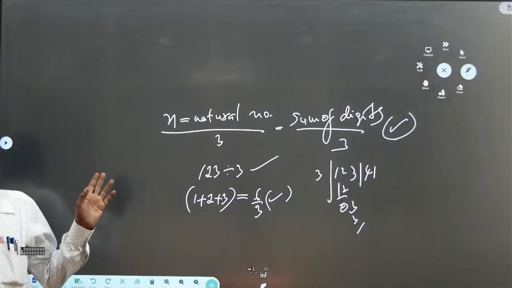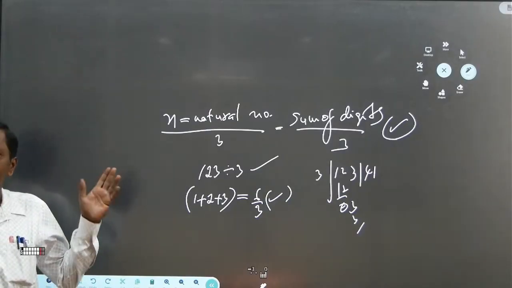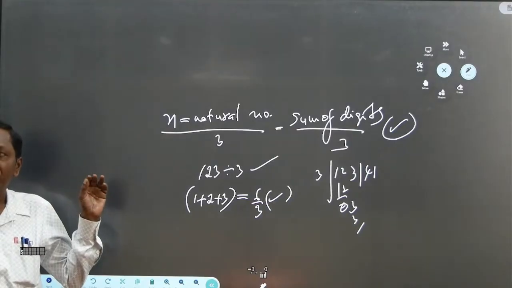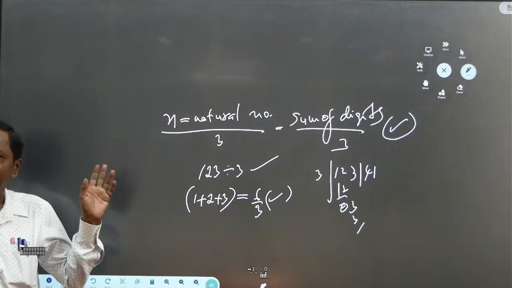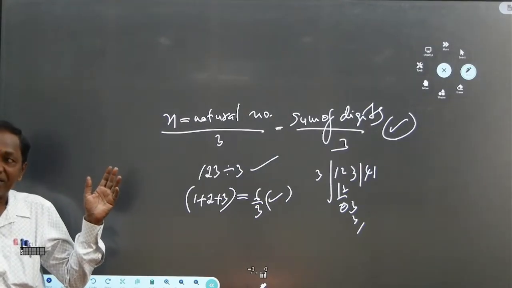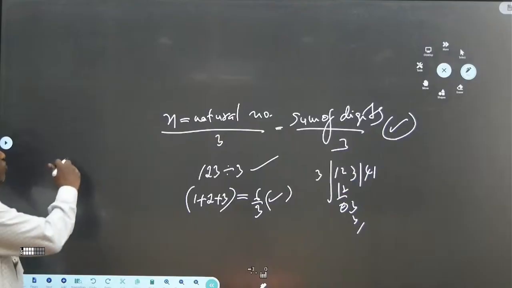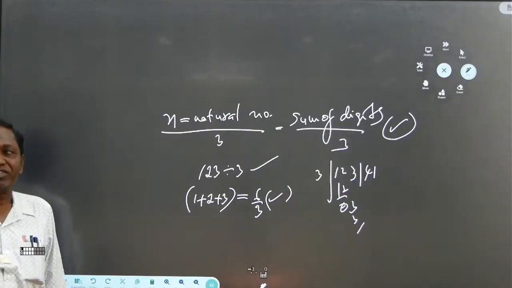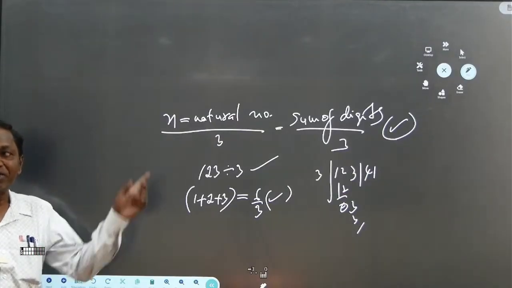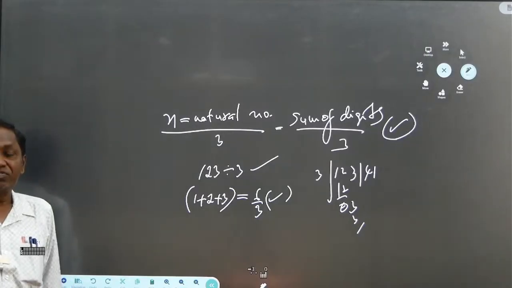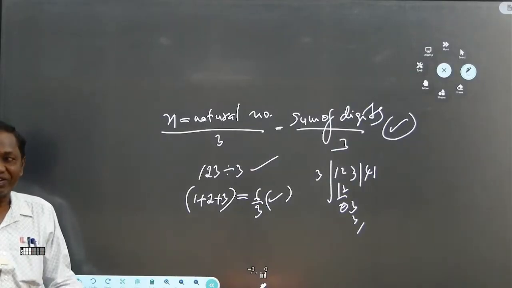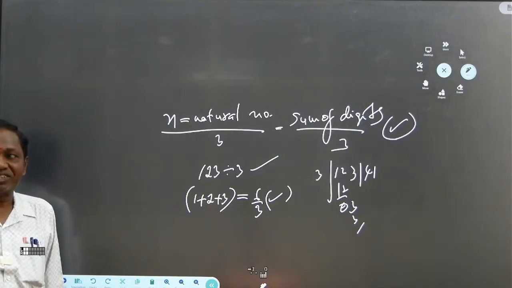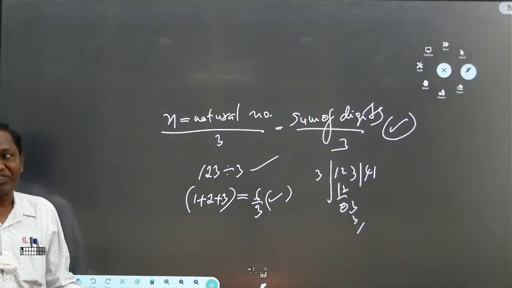Take 11, 12, 13: 12 is even, so let us not take it. 14, 15 is a multiple of 5, everybody knows this. 16, 17, 18, 21: mentally you can do it. The sum of the digits of 21 is 3, a multiple of 3. 24, 69: 9 plus 6 is 15, a multiple of 3. 87: 8 plus 7 is 15, a multiple of 3.